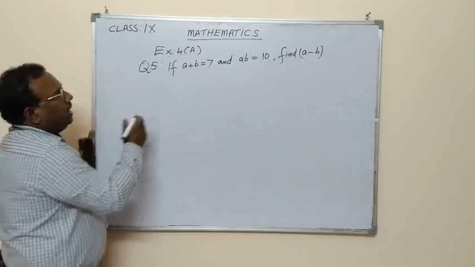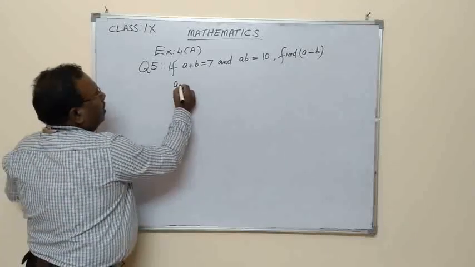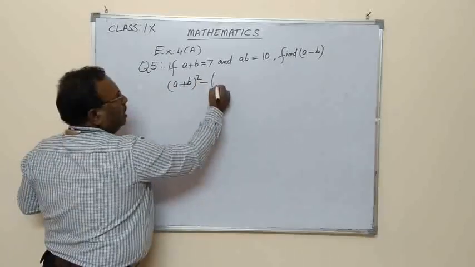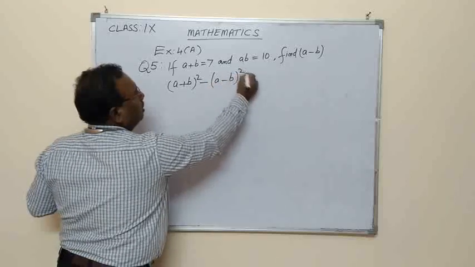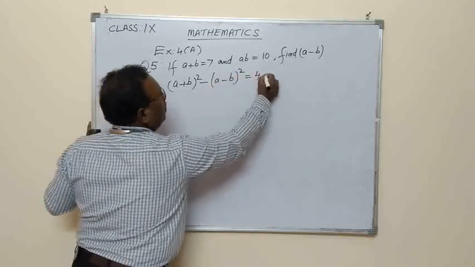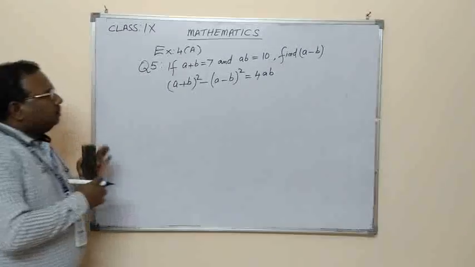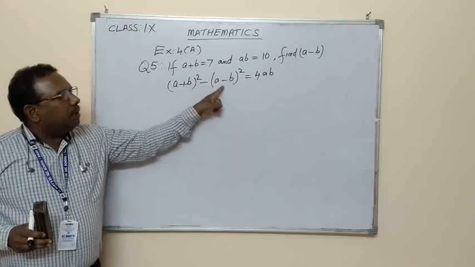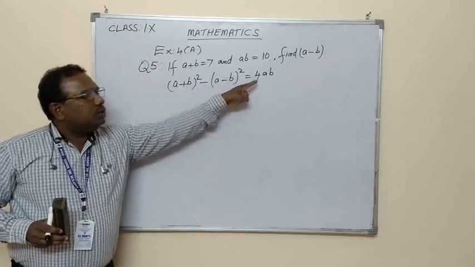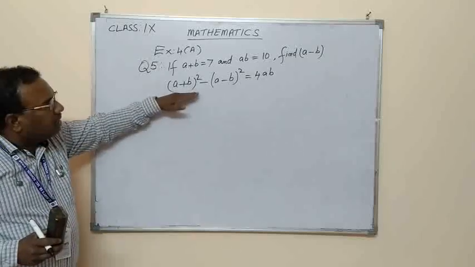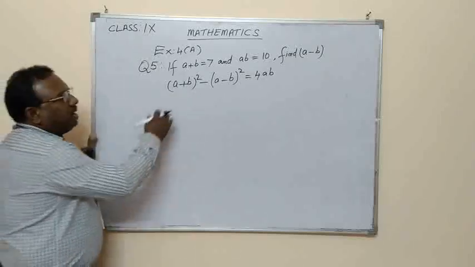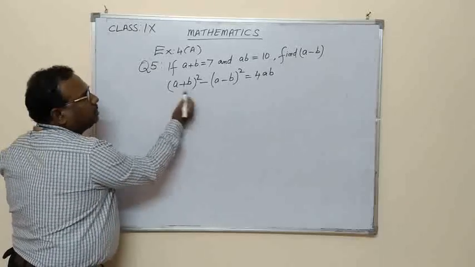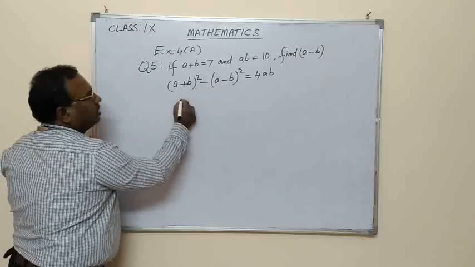So let us use the identity (A plus B) all square minus (A minus B) all square is equal to 4AB. Please look at the board. You have already learned this identity, and after writing this identity here, substitute the value of A plus B. A plus B equal to 7 is given in the question.